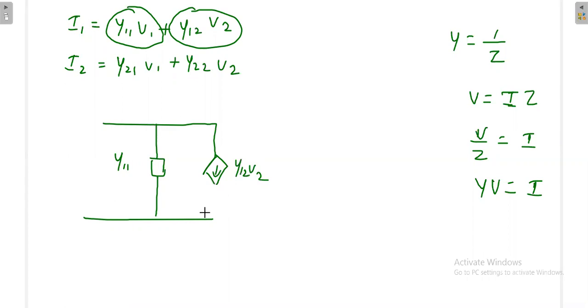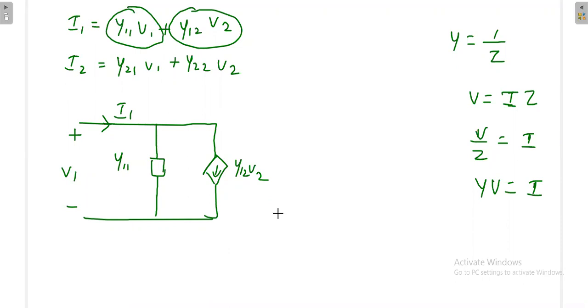Okay, so you apply I1 here, and this is plus V1. V1 multiplied with Y11 will give the current here. That current is Y11 V1, and also the current here is Y12 V2. Once you add these two currents, you will get I1.